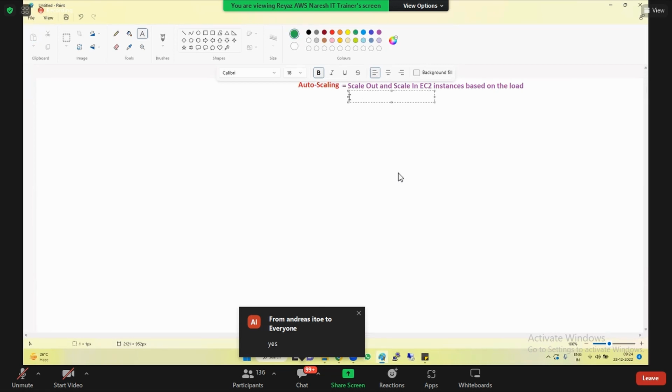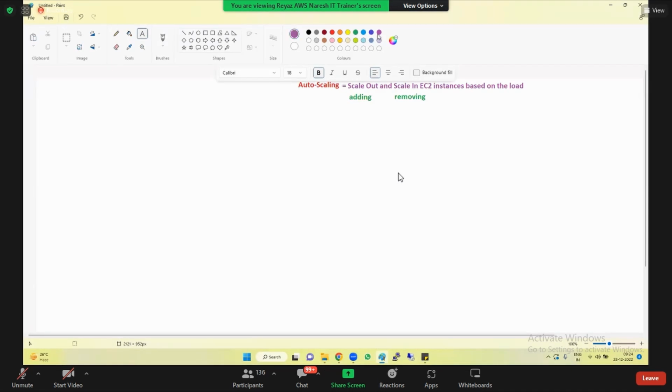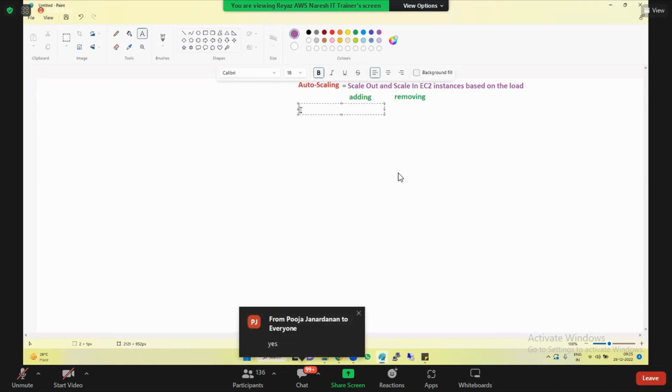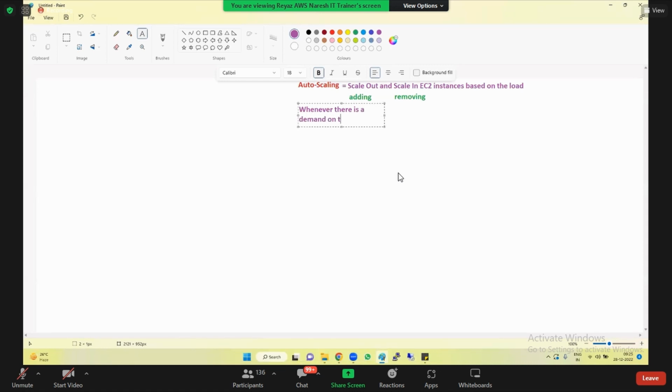Here, scale out means adding, and scale in means removing. So whenever there is a demand on traffic, this auto scaling group will scale out and scale in EC2 instances automatically. Agree? Simple.